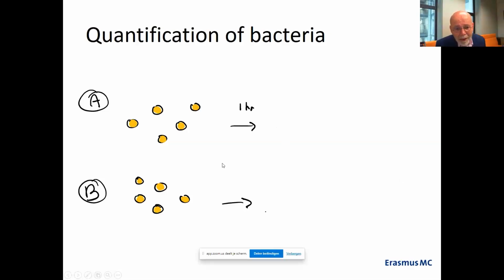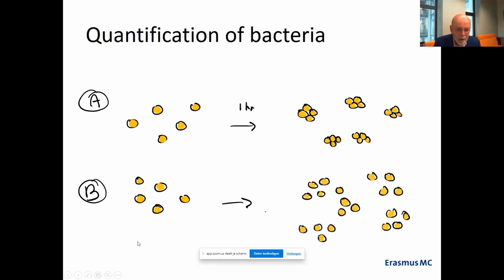Another example, if we have 5 bugs that remain clustered after the division, or the same 5 that spread out. I hope you appreciate that when we start with a CFU of 5, the optical density in this case will slightly increase, but the CFU won't.